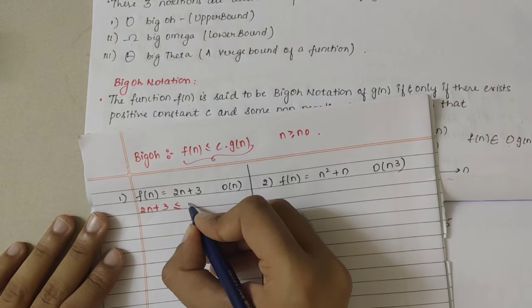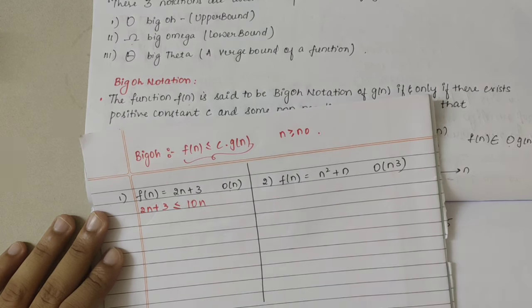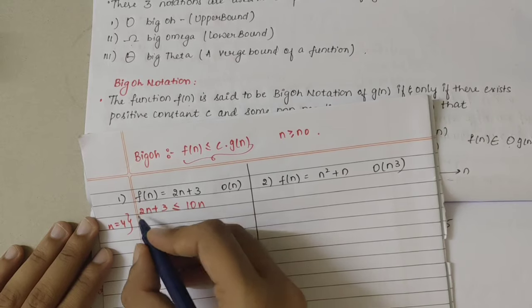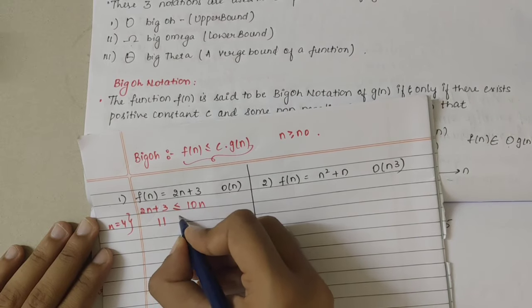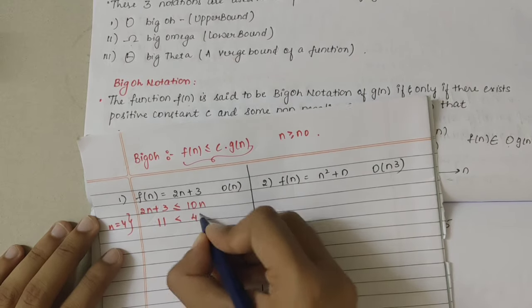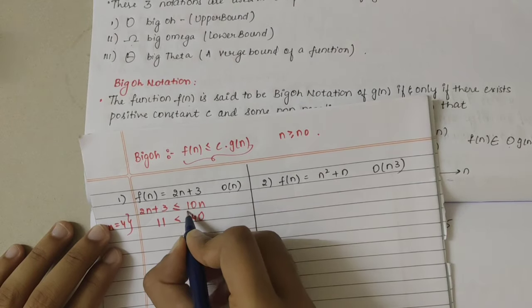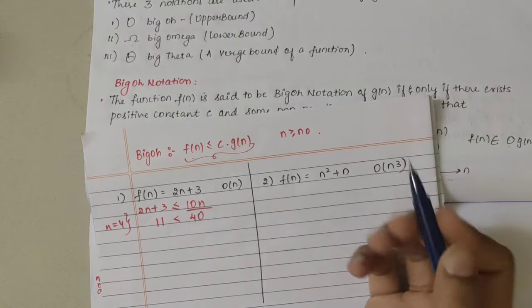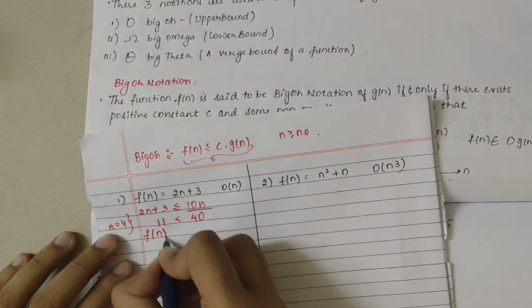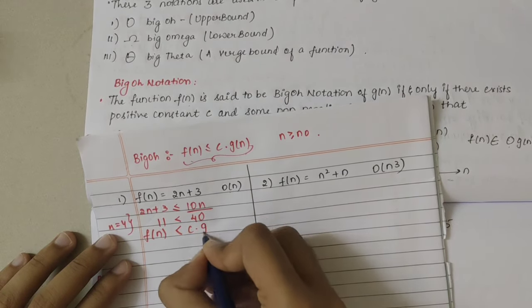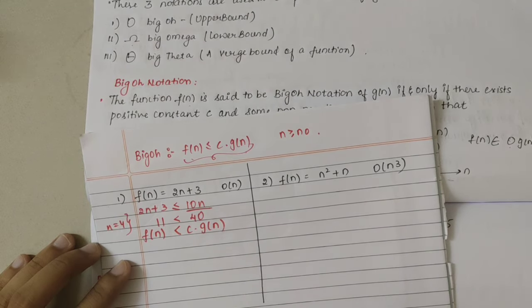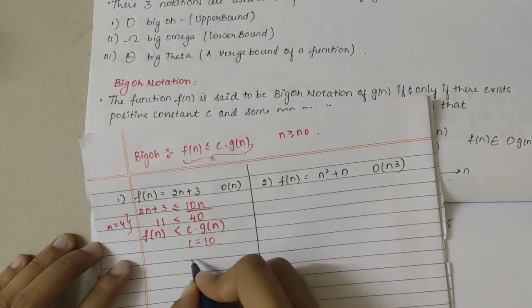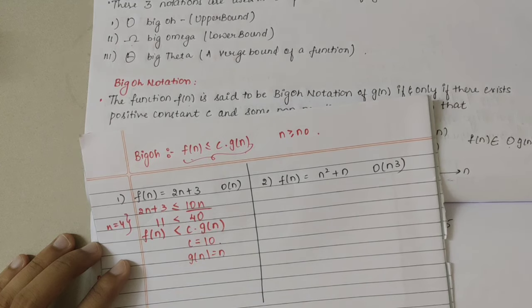So here I'll write 10n. Now I'll take n value as 4. 4 times 2 is 8, plus 3, 11. 11 will come here, and on this side I have 10 into 4, 40. So I can say that by taking 10n on this side, I am satisfying this condition, right? So I'll write the condition here again, less than or equal to c into g of n. Now what is c and what is g of n here? The c value I can take as 10 and the g of n value I can take as n.